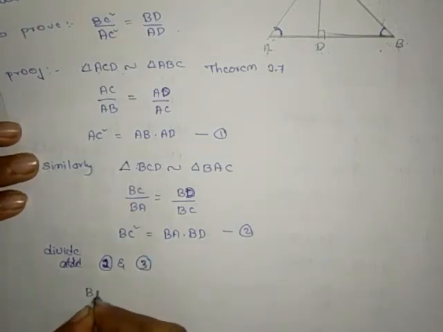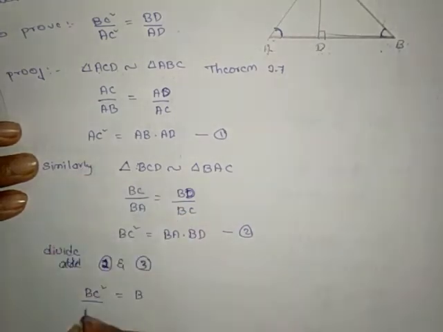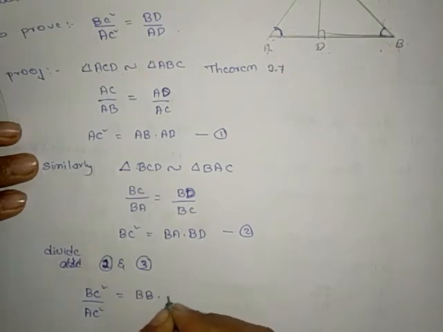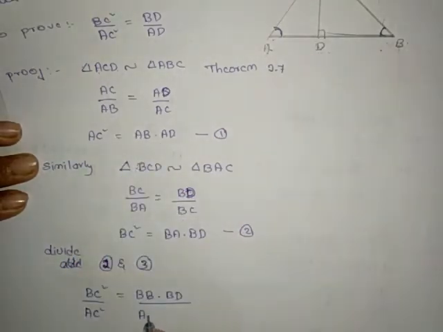Equation 2 is BC square, so we'll write BC square divided by AC square. BC square means BA into BD, then dividing by AC square means AB into AD, right?